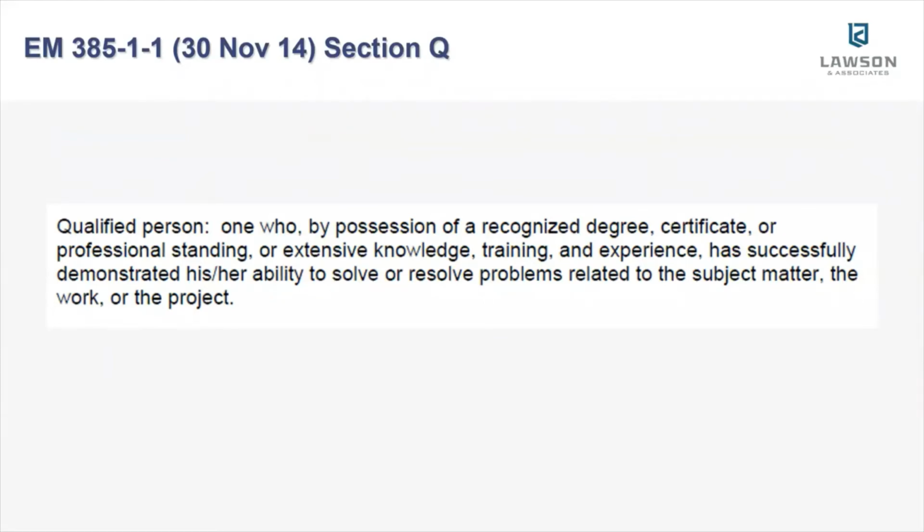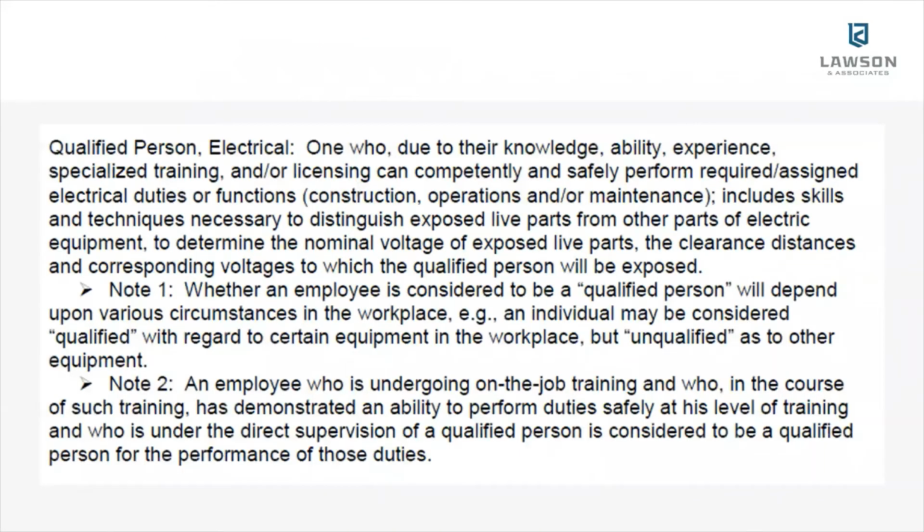So that's great. Now, EM 385 in definitions breaks out just a little more as they start to say it for different positions. The general definition of qualified person as it applies across the board is consistent between ANSI, OSHA, HIOSH, and EM 385.